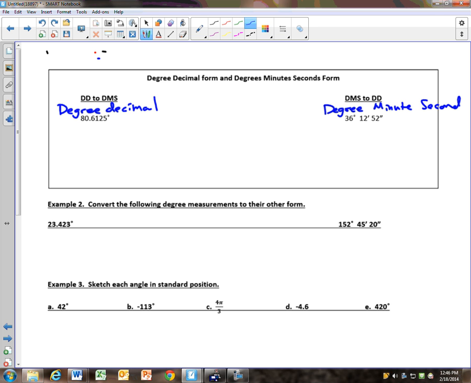So let's just start here. 80.6 approximately. If it's 80.6, it's going to be 80 degrees and a certain number of minutes. Is it going to be more than 30 minutes or less than 30 minutes? Because 0.6 is more than half. To figure it out, you take the decimal and multiply it by 60 minutes.